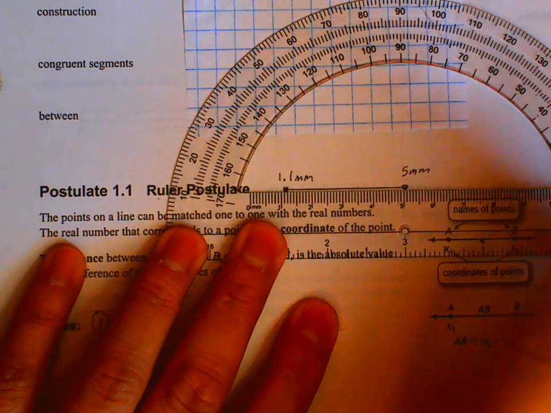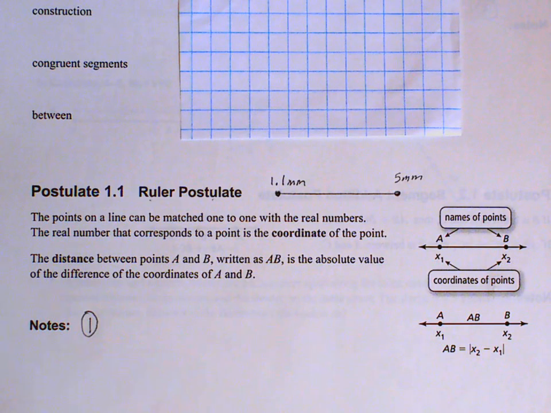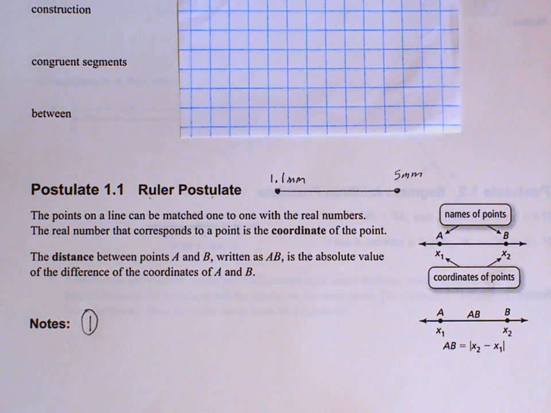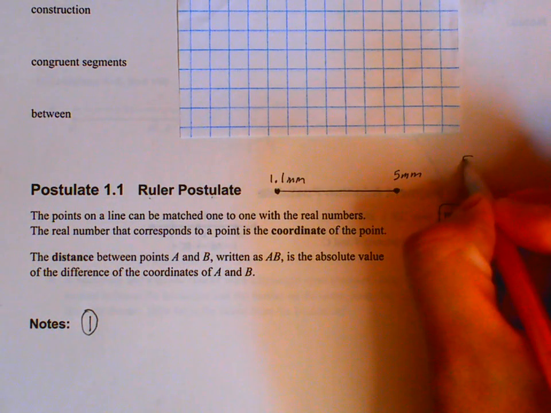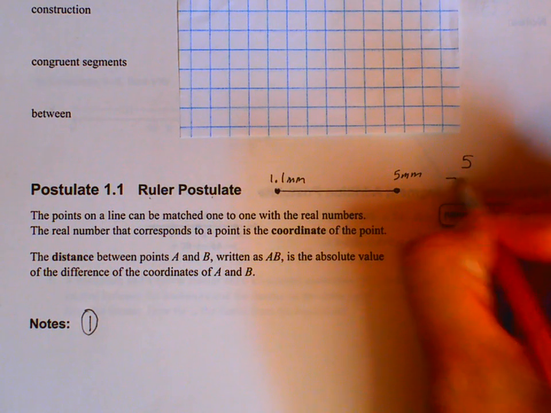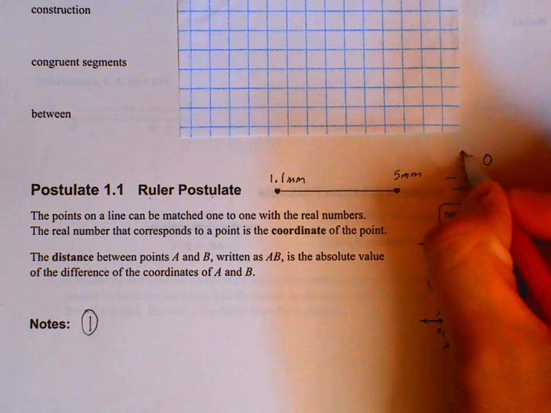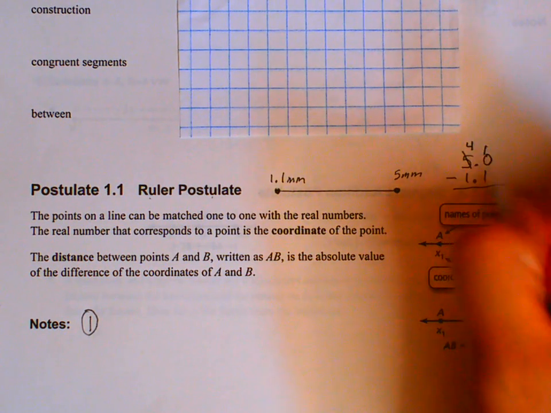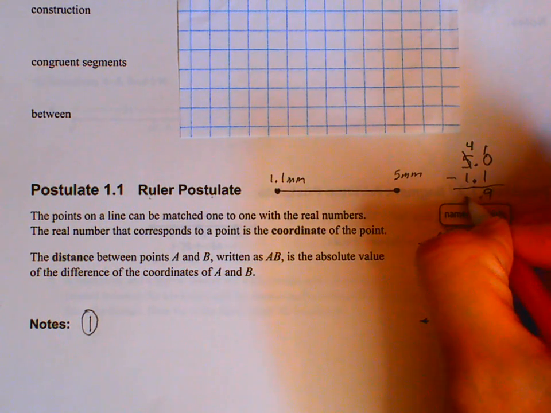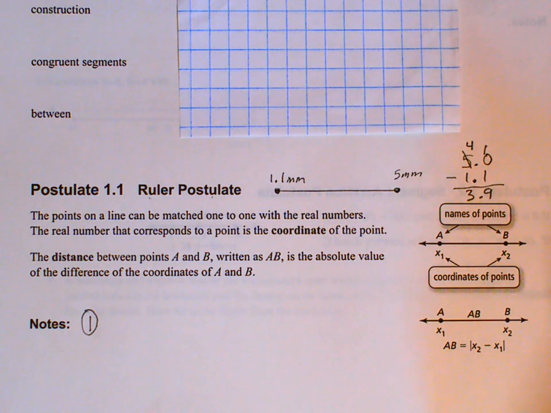So how big is the segment? Well, that means that we're going to have to subtract 5 take away 1.1. So I'm going to have to do a little bit of borrowing. Okay, 5 take away 1.1. That's going to be 3.9.